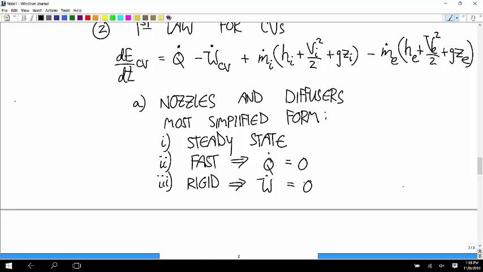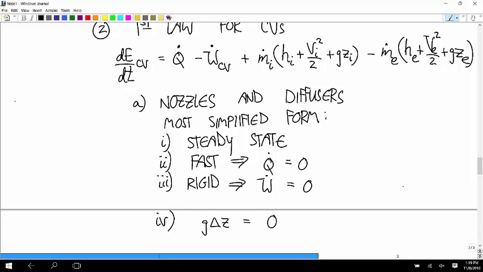That's right. There's not going to be any change in height that's significant. So I'll write it like that. We can eliminate both of those. And that's it, right?